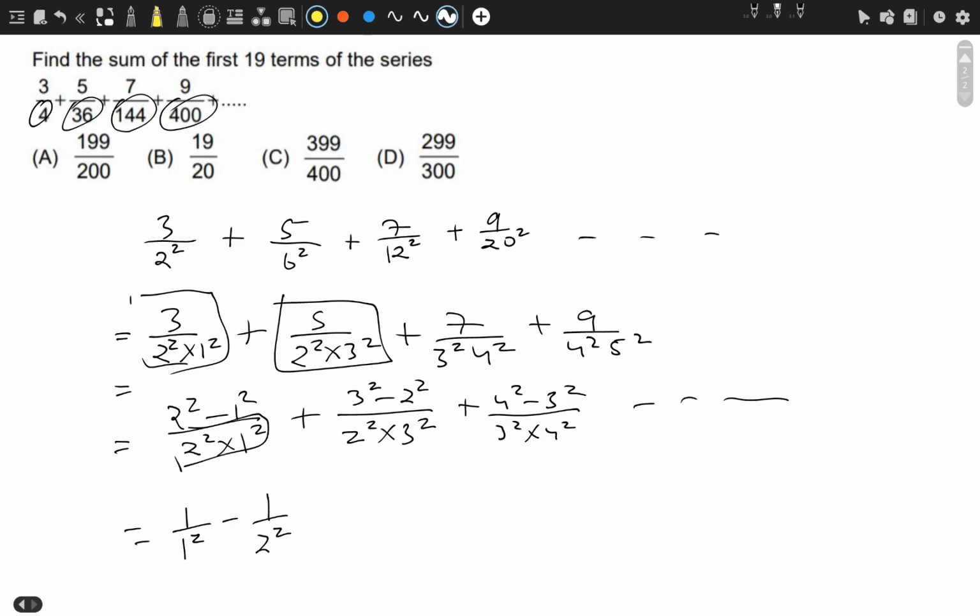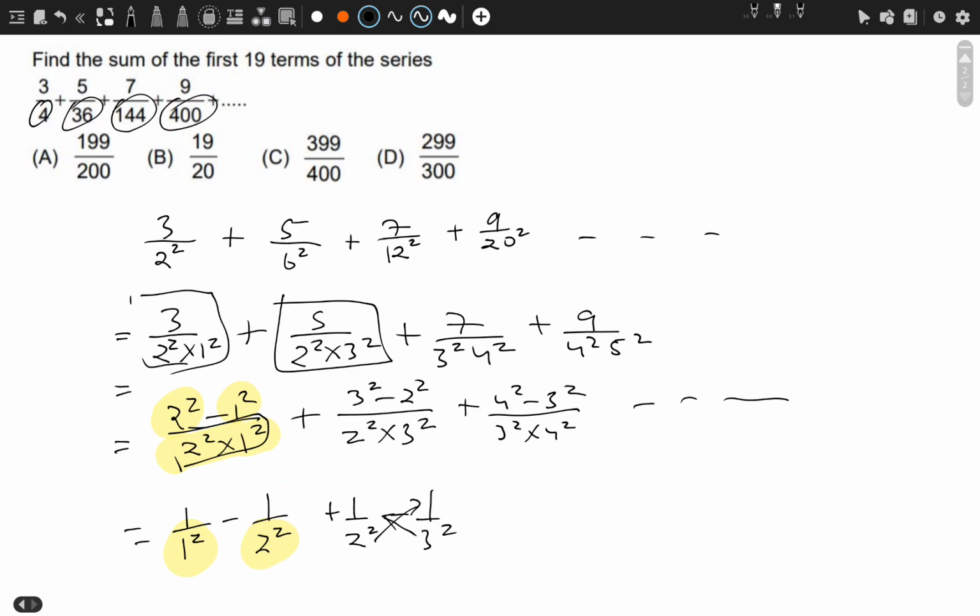If we take the LCM of this, we will get this, and this 2 square will come here and this 1 square will become minus 1. Similarly in this, if we take the LCM and break the terms into plus 1 by 2 square minus 1 by 3 square, the same thing happens: the 3 square gets here and the 2 square gets here.